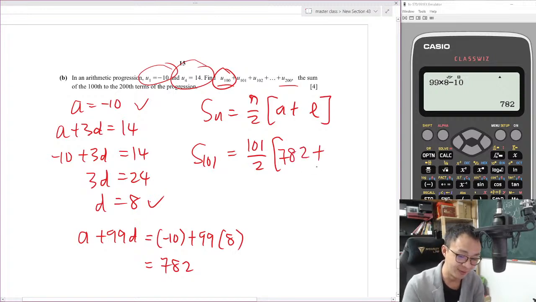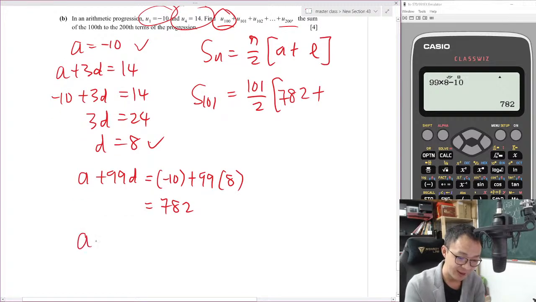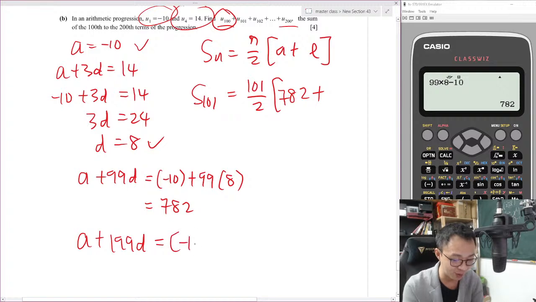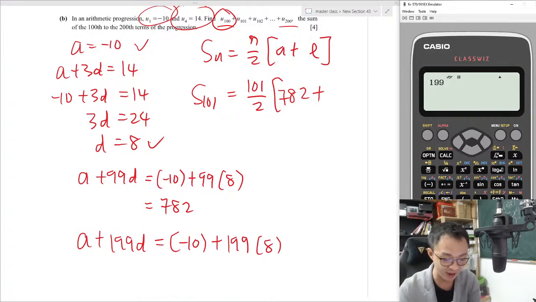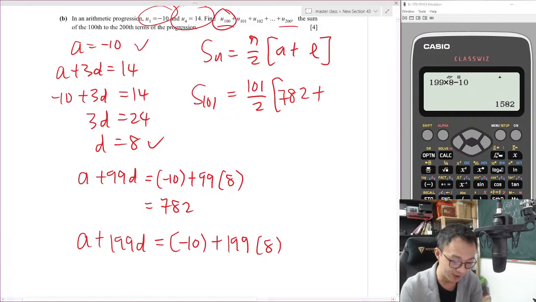Plus the last term. Last term is a plus 199d. This is just a formula. If you do not know what I'm doing here, you need to refer back to the first page, which is the formula page. 199 times 8 minus 10 here. So this is 1582.